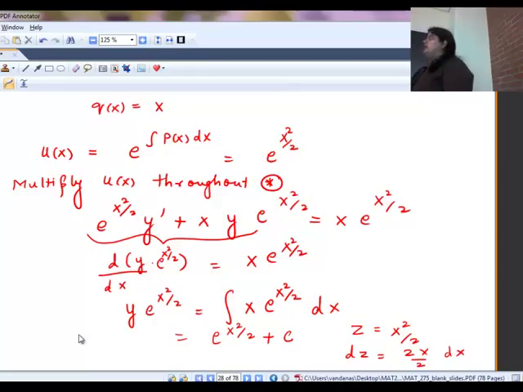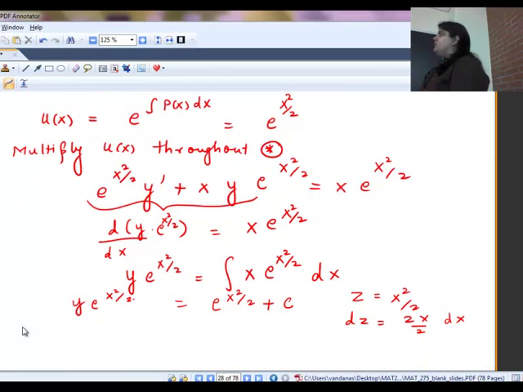And left hand side is y e to the power x square over 2. Now divide throughout by this, you will get y equals 1 plus c e to the power minus x square over 2. This is y of x, the general family of solutions.